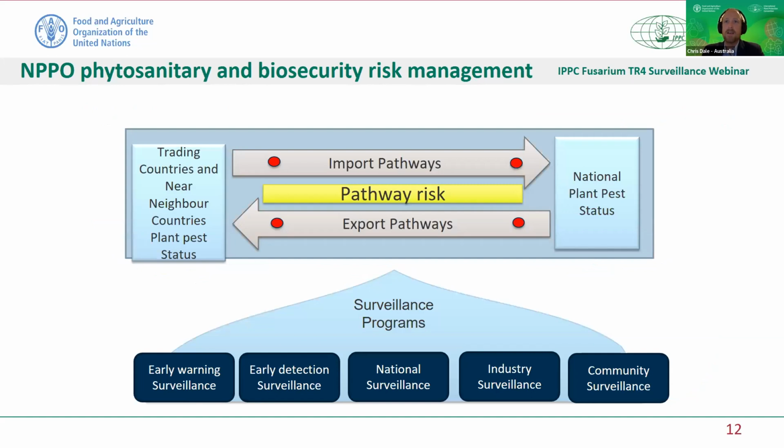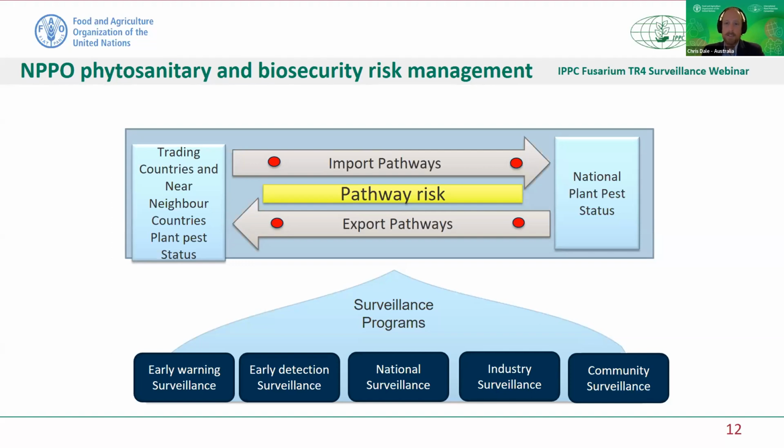Next slide, please. So when we look at national plant health surveillance in a phytosanitary sense, it's important to recognise that we have our trading countries, we have our near neighbours, and the regulated and unregulated pathways. We have import pathways and the export pathways. And importantly, to support that, we have our national plant pest surveillance status. So we can't maintain that pest status without a very effective and consistent and efficient surveillance program.